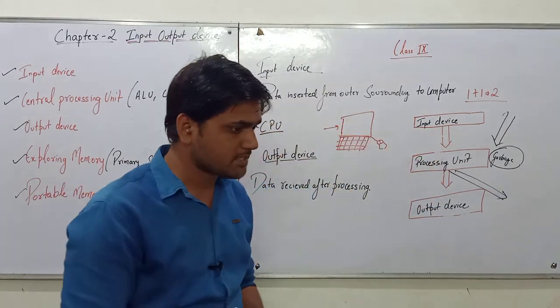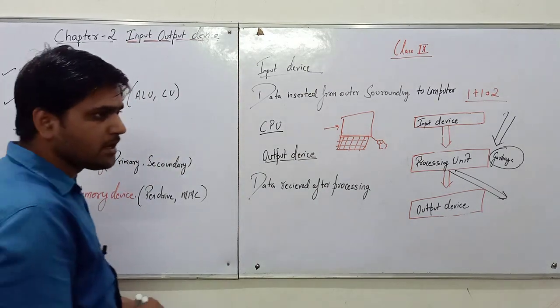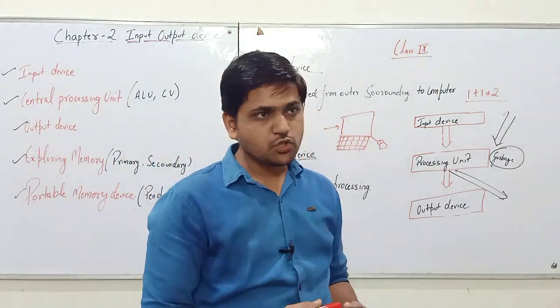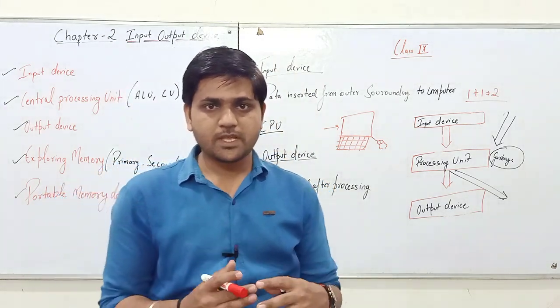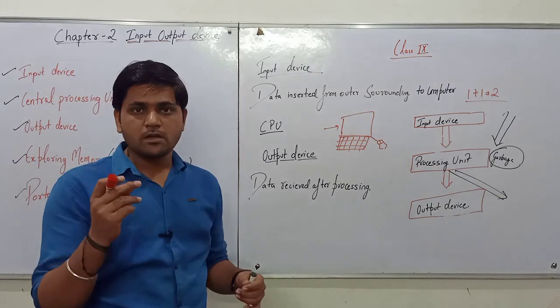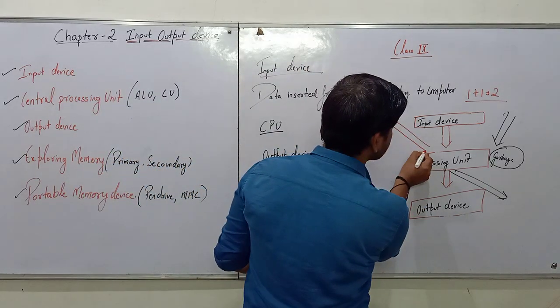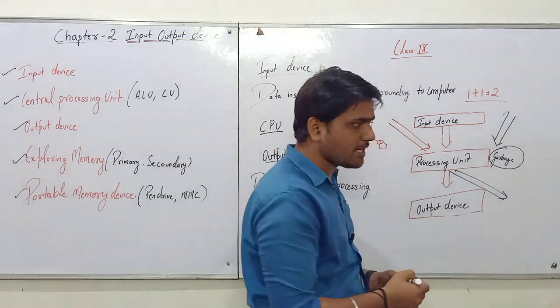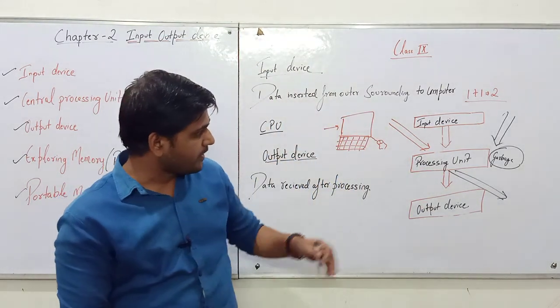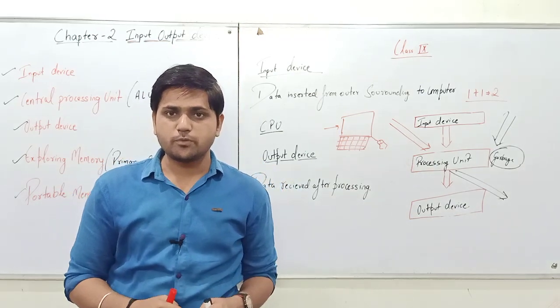Let me give you a basic example, in which your mother asks you to bring some vegetables from the market. You got a command, with a certain amount of money and a list, so that you can go to the market and buy a certain amount of vegetables. When you went to the market, you processed all the work allotted to you by your mother.